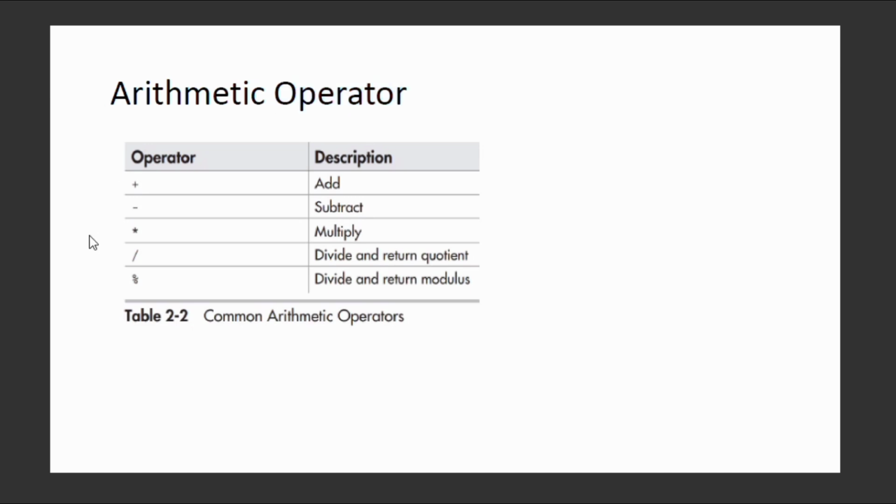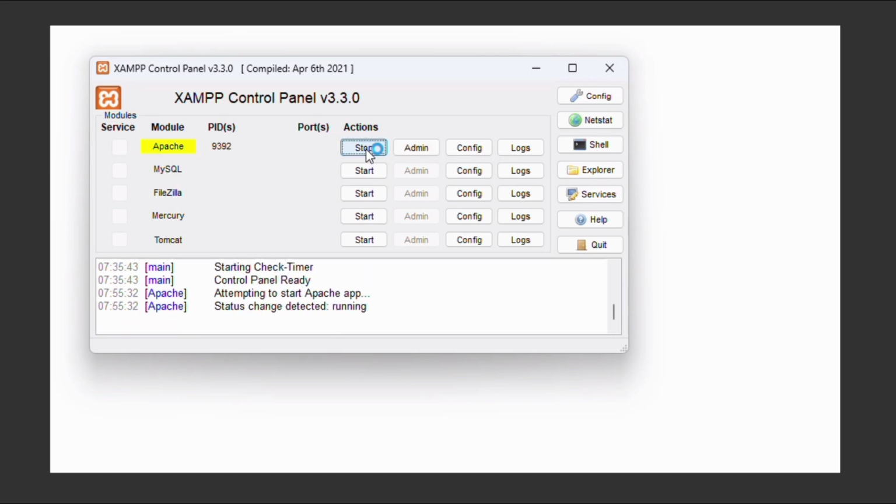Arithmetic operators perform mathematical operations such as addition, subtraction, multiplication, division, and modulus. Now we will see examples of this. Go to the XAMPP server and start Apache.